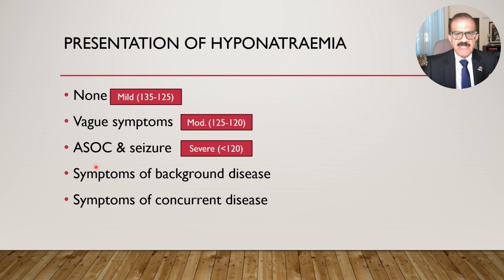So to assess the exact cause, you need to understand the symptoms of the background disease and also the symptoms of concurrent disease. In this case, concurrent disease like gastroenteritis, and background disease, the people who may not have any concurrent disease, but because of their background disease, sometimes very mysterious diseases like carcinoma bronchus, there may be hyponatremia. That will be discussed actually in the next lecture.